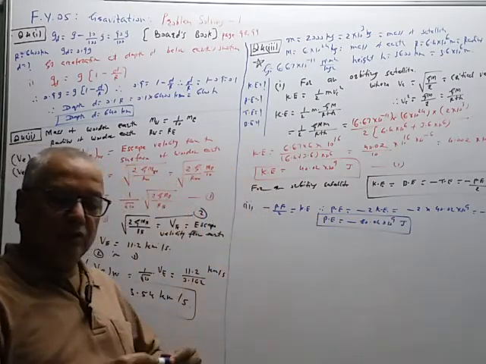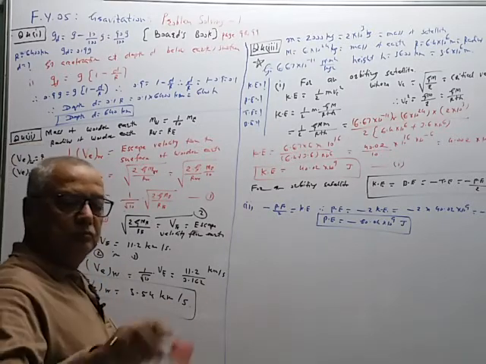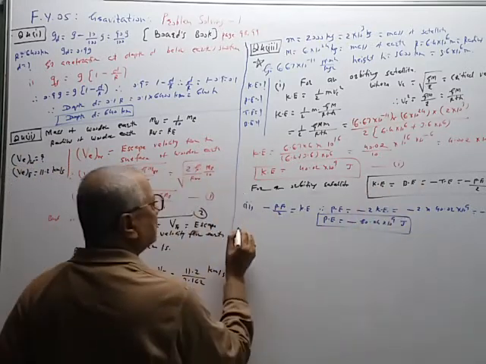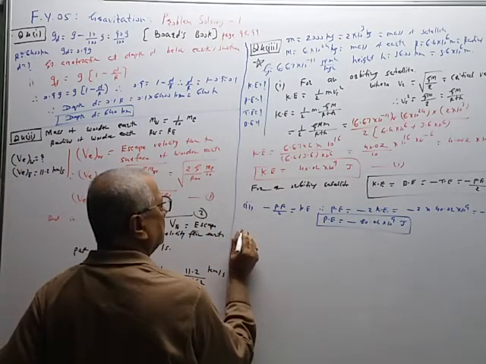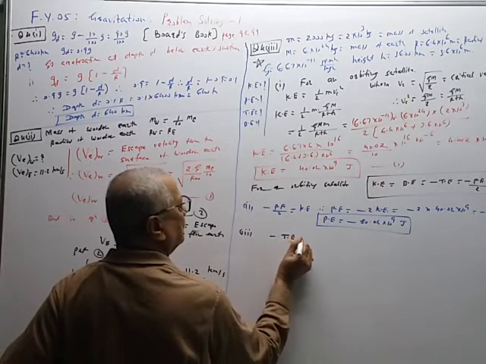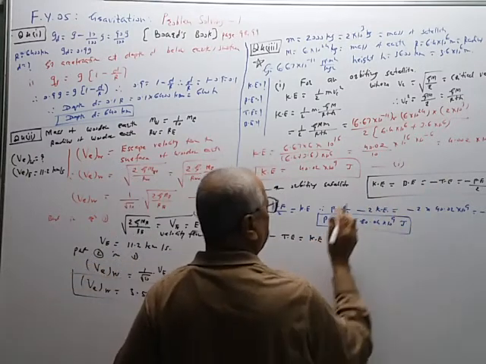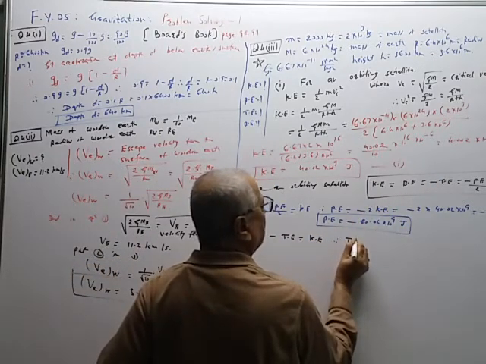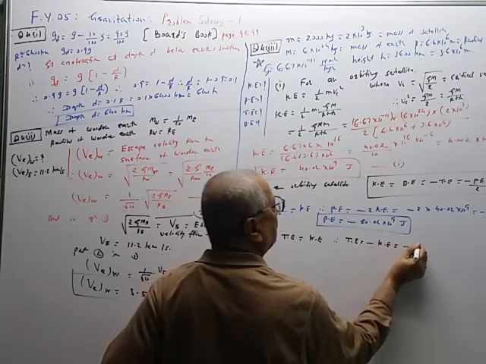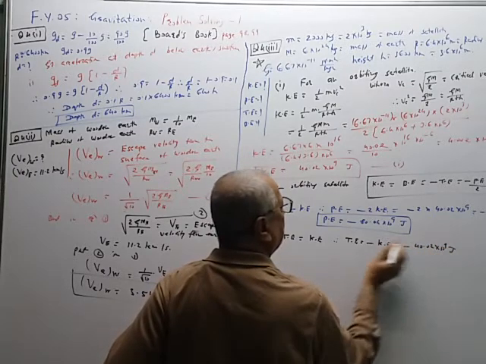Now third part, we have to find total energy. Now we have the relation between K and total energy. Third part: minus T is equal to K. We used the K relation. Therefore, total energy is equal to minus K is equal to minus 14.02 into 10 raised to 9 joule.